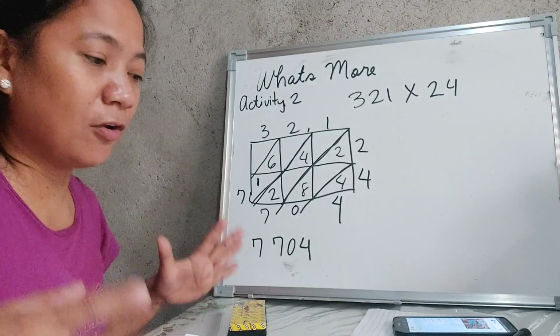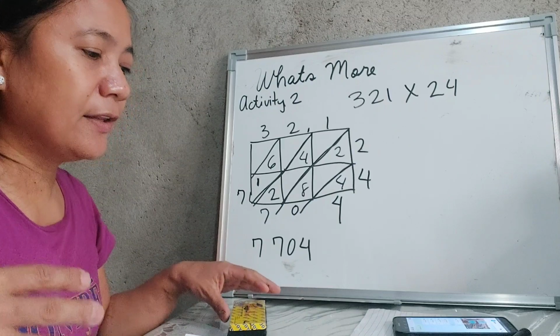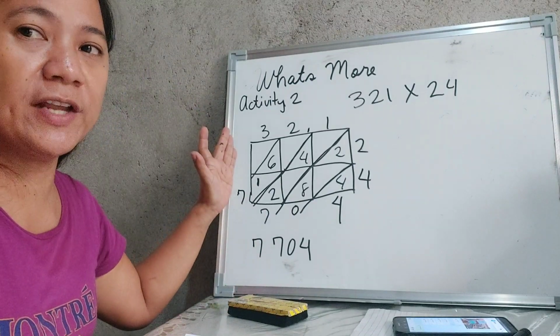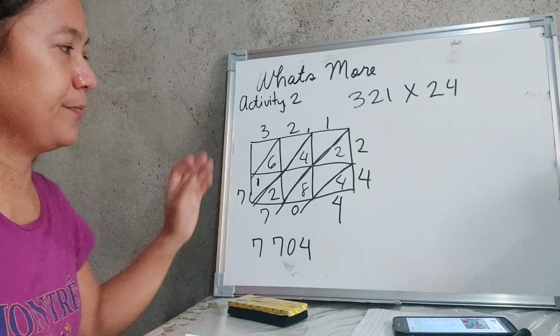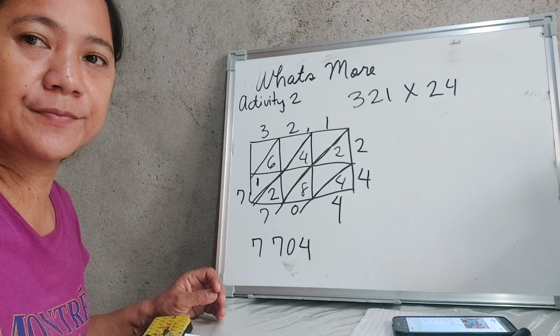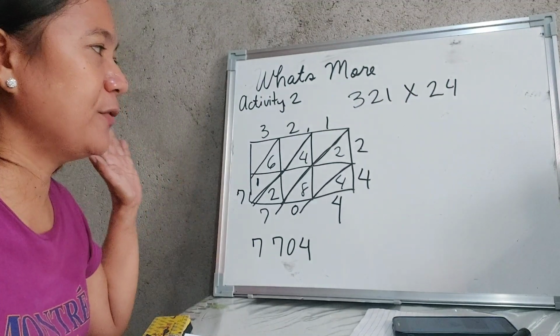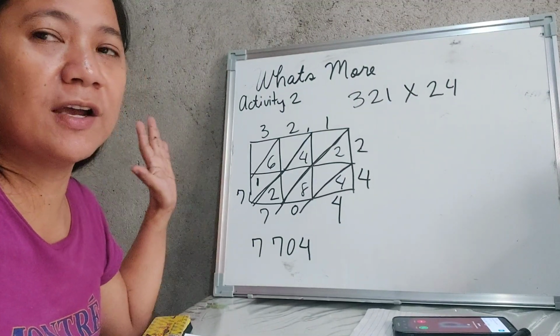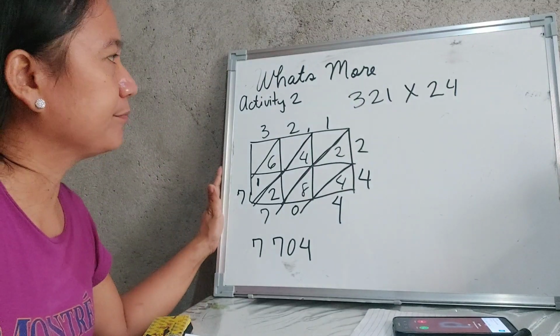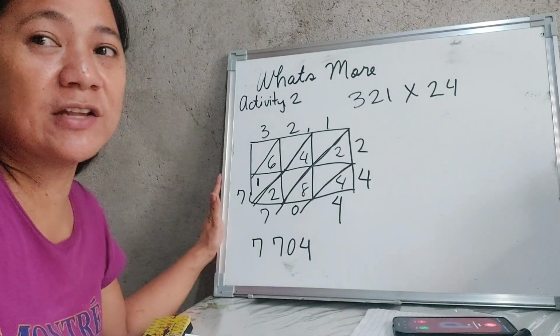I think we are all ready to answer the activity 2. So, number 1 is already done for you. Madali lang siya, di ba? If you listen to the instruction, to the discussions that we have.